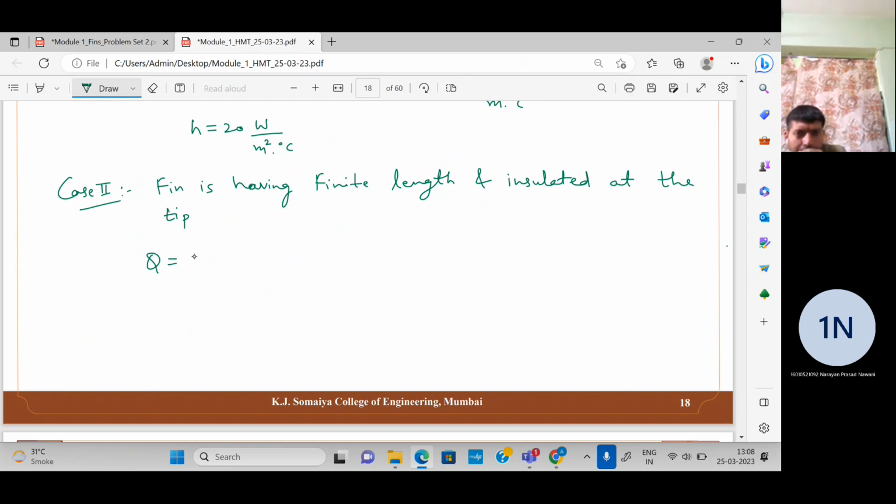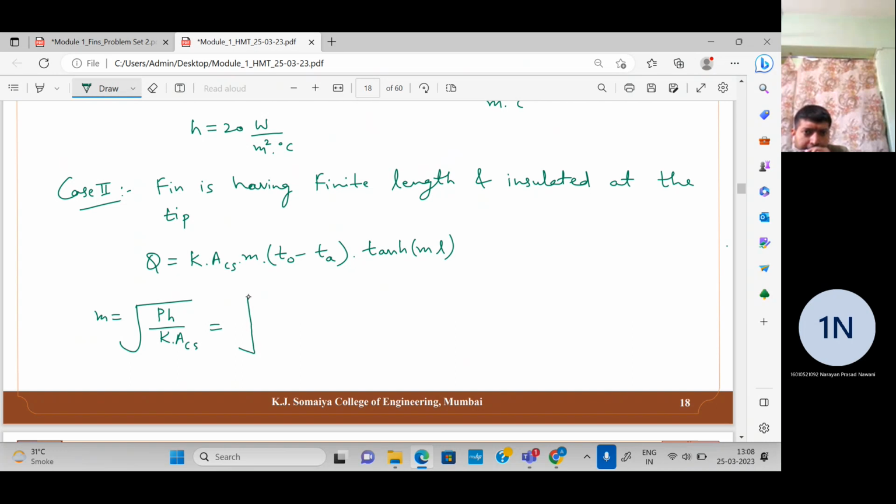So Q is equal to K A m (T naught minus T a) into tanh(mL). So let's calculate m first. m is equal to root of hP by KA.